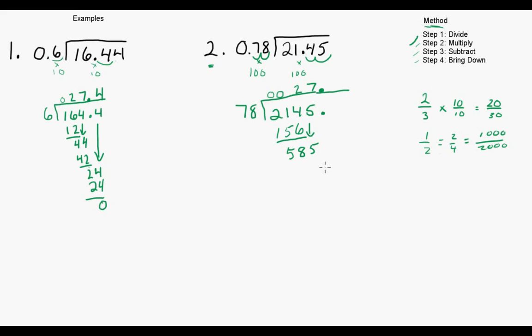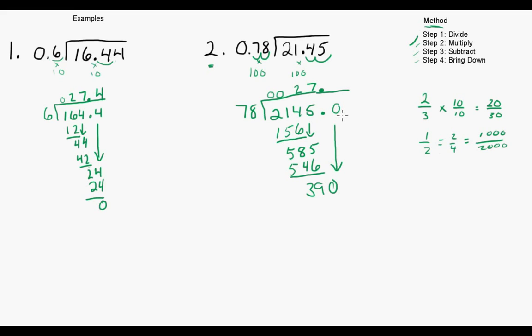7 times 78 is 546. And when we subtract 546 from 585, we're left with 39. Okay, we're going to add a 0 and bring that down.